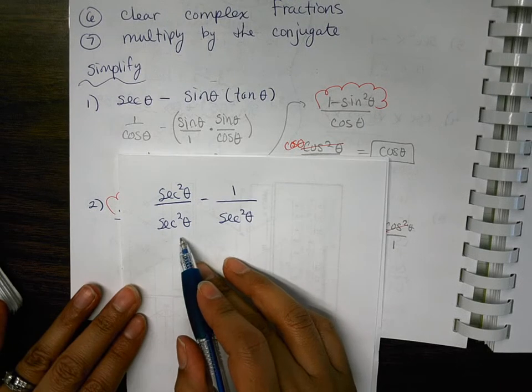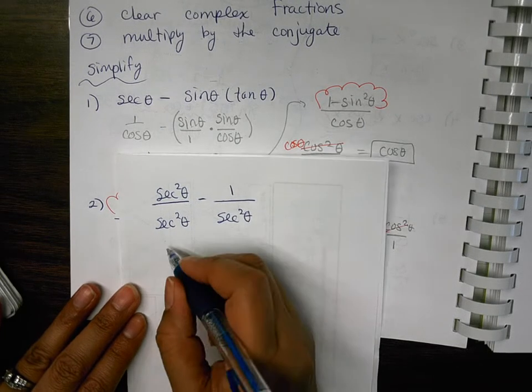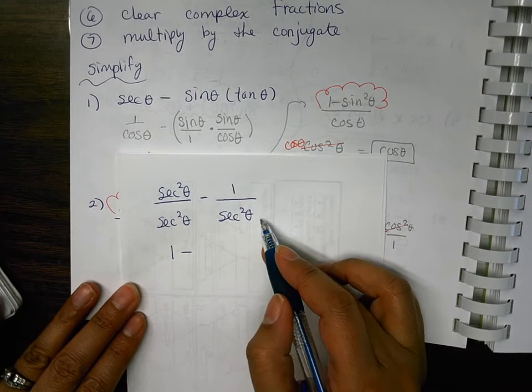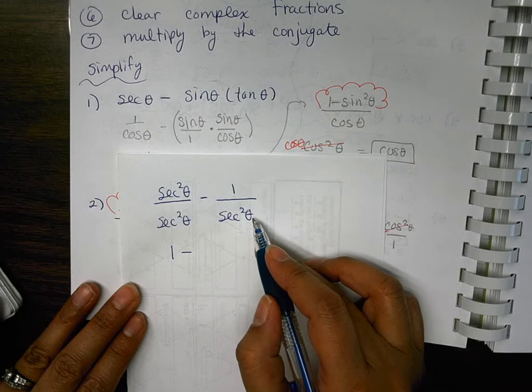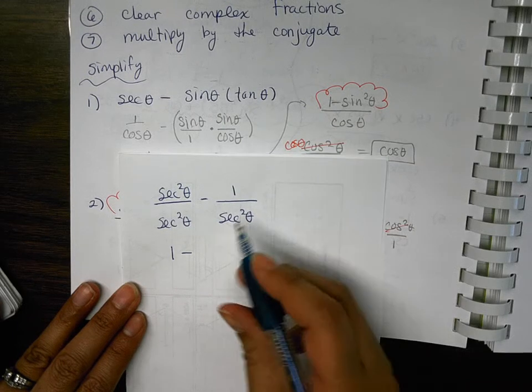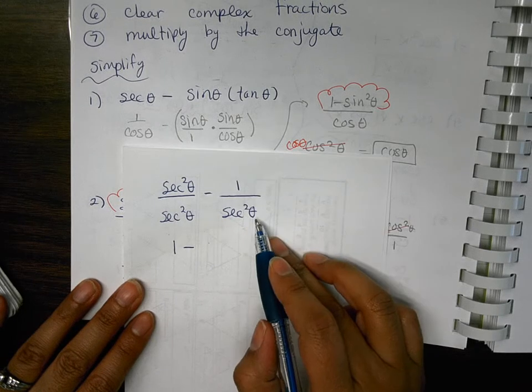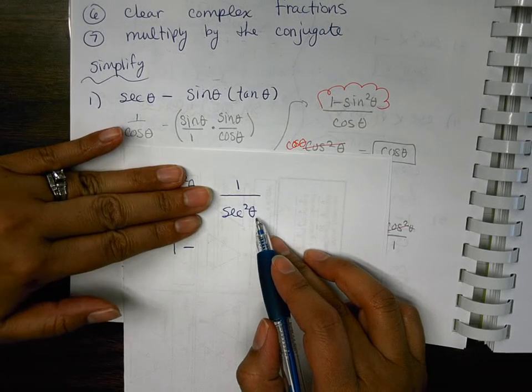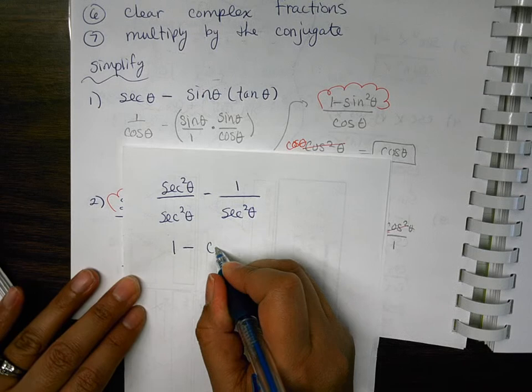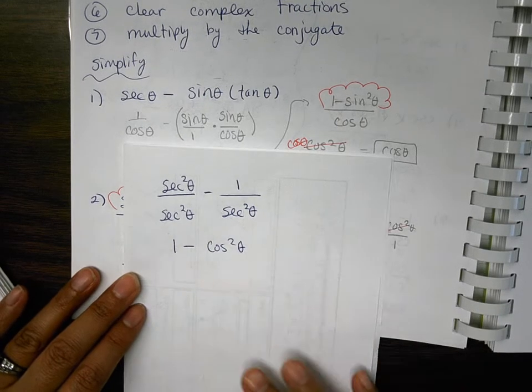What's secant squared over secant squared? What is 1 over secant squared? 1 over secant squared is? Oh, it's the cosine. It's cosine, right? Yeah. 1 over secant is cosine. And what's 1 minus cosine squared?